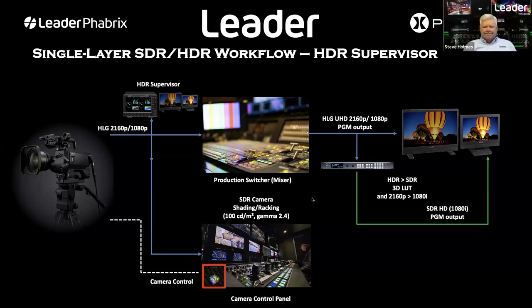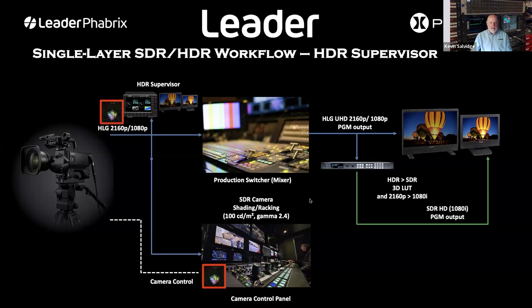So as you can see here, we can apply that LUT that we've got here in the camera shading position. We can apply it to the HDR supervisor. And as Steve said, we have the ability on the 5600 and 7600W to look at both the HDR and SDR side by side. Yeah. And so it gives him that ability to monitor and know he's comfortable with both program outputs from the truck.